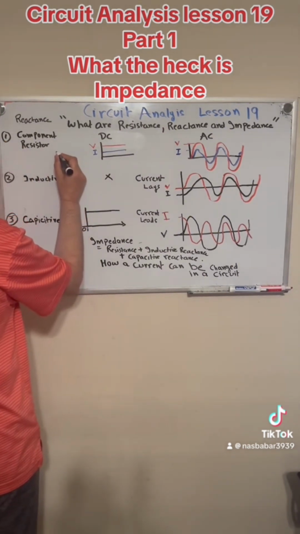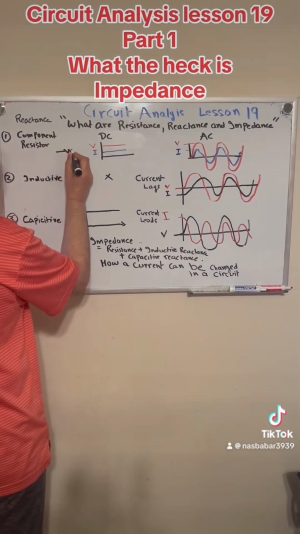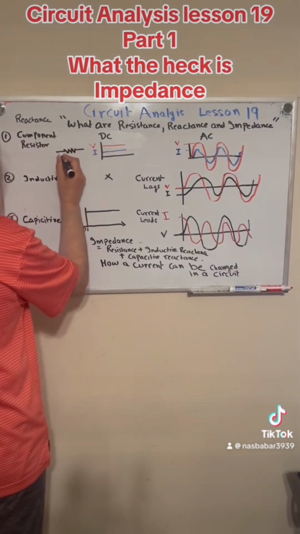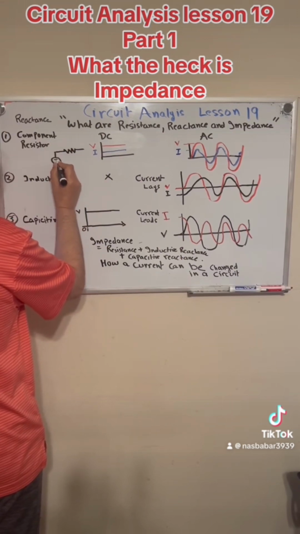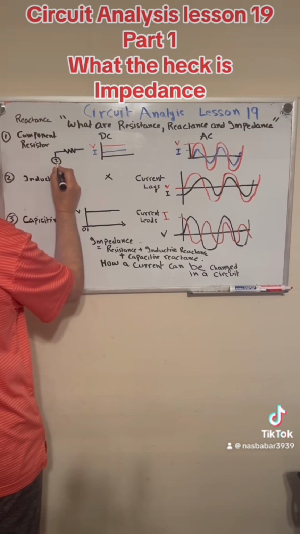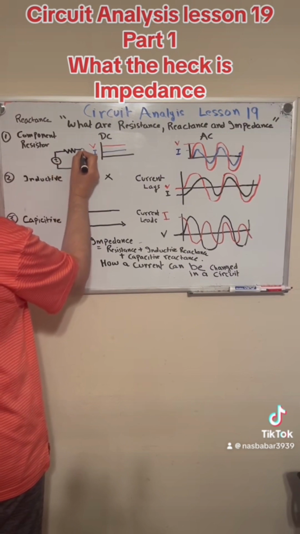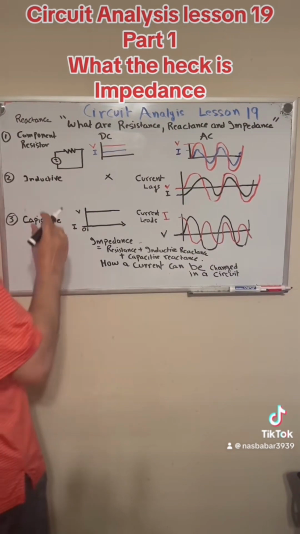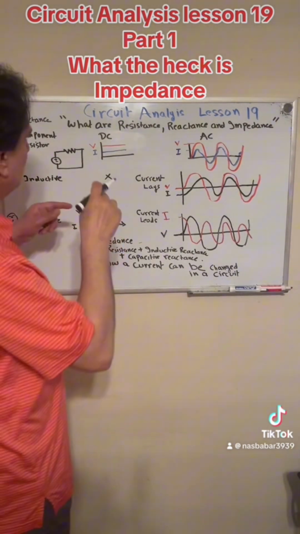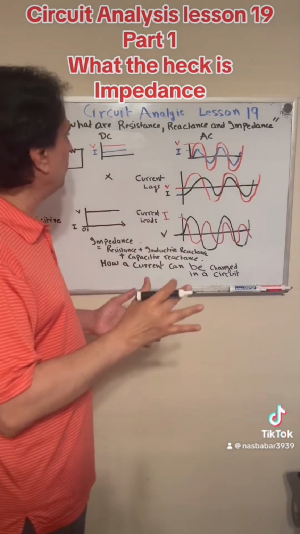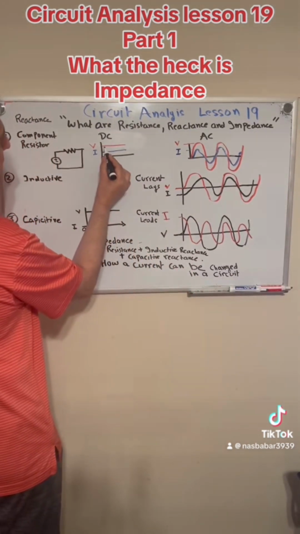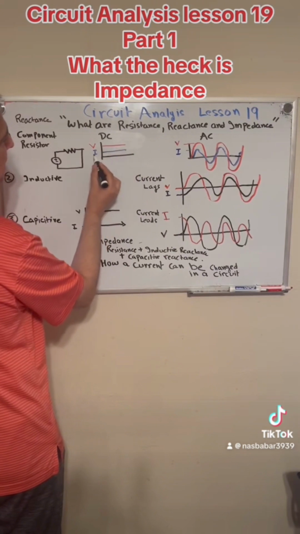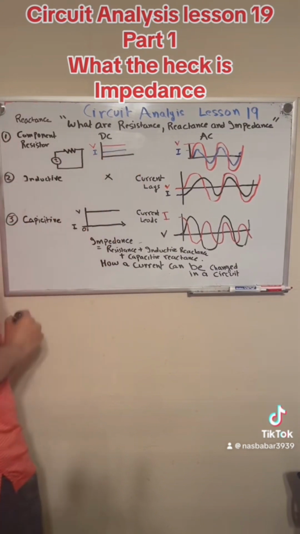Let's say you have a resistor right here and you are applying some voltage, and let's assume that voltage is DC. If you look at the output on an oscilloscope, you will see that the voltage, which is in red, is a straight line, and the current is also a straight line.